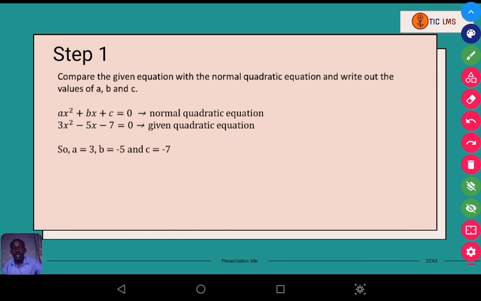We compare in the sense that you ensure that your ax squared coincides with 3x squared, and then your bx coincides with negative 5x, and then your c coincides with negative 7. Do not forget that the signs are also very important. So it means that a is equal to 3, b equals negative 5. The negative is very important, and then c is negative 7.